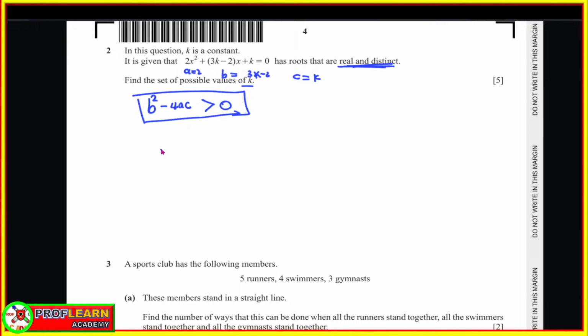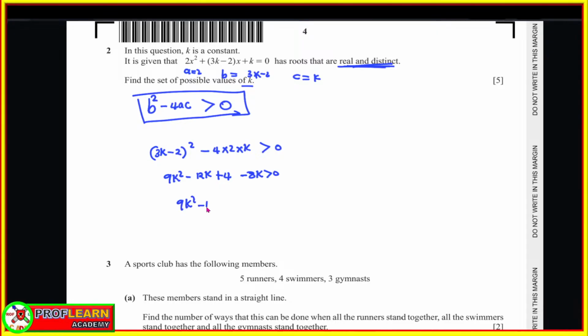So we shall say now (3k minus 2) squared minus 4 times a, which is 2, times k, and that is greater than 0. So this is 9k squared minus 12k plus 4, and of course minus 8k, should be greater than 0.